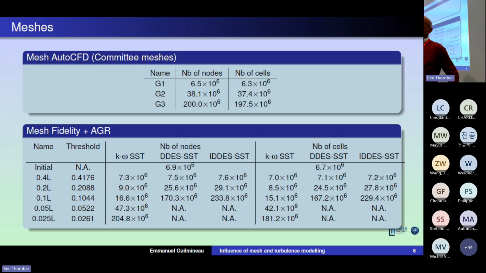The size of the computational domain is the same, and the value of y plus is approximately the same between both meshes. The initial mesh is similar to the committee mesh G1. After that, I have a mesh for each turbulence model, because as I use automatic grid-refinement, the mesh is dependent on the turbulence model.